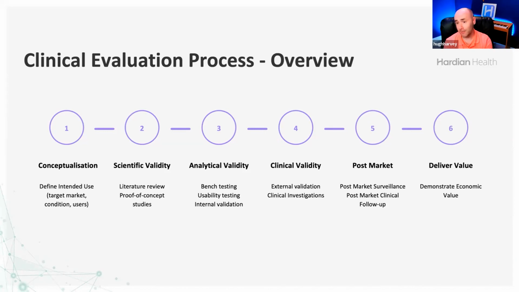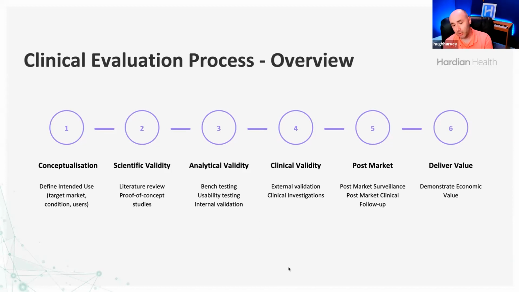And this is defined as a CIMD, a clinical investigation for a medical device. So those of you who have done GCP training might be familiar with the term CTIMP, which is a clinical trial for investigational medical product. We don't use the term trial for medical devices, we use clinical investigation of medical device. So that's an important little nuance to make sure that everyone's on the same page right from the start.